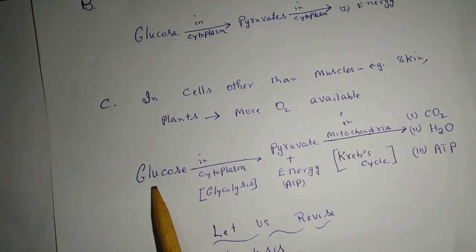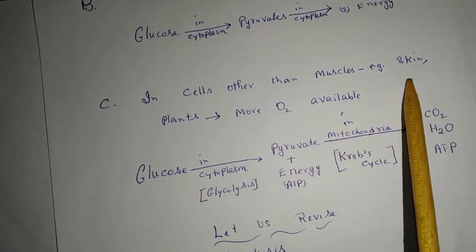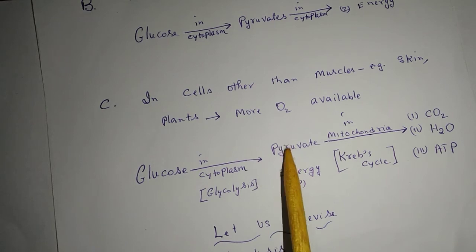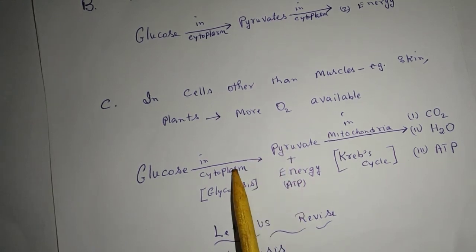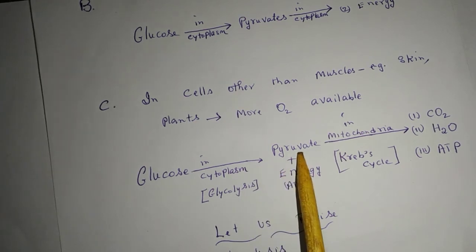Suppose in the skin, the glucose molecules inside the cell cytoplasm will be converted into pyruvate, and at the same time some energy will be released in the form of ATP.